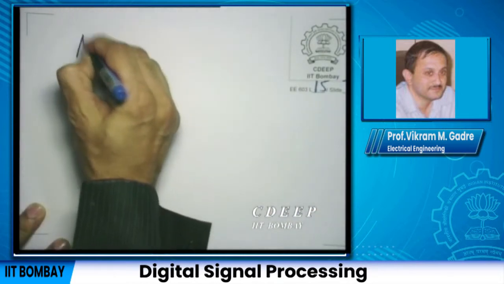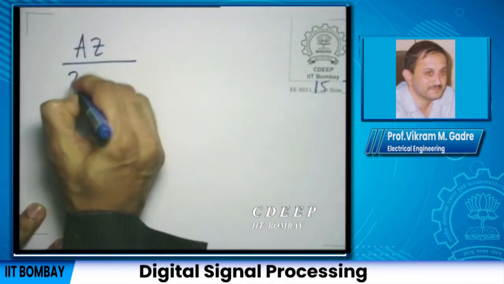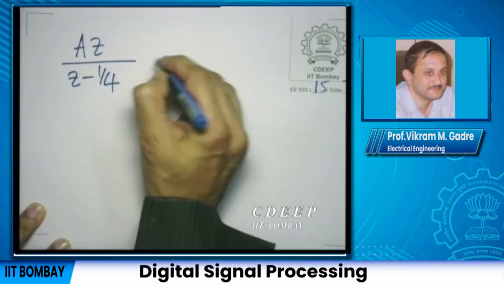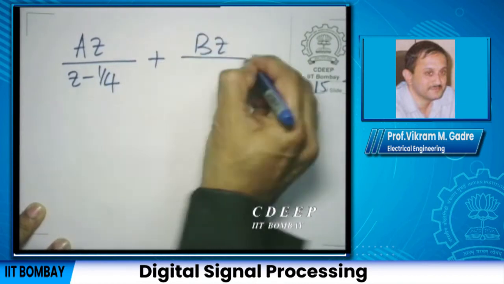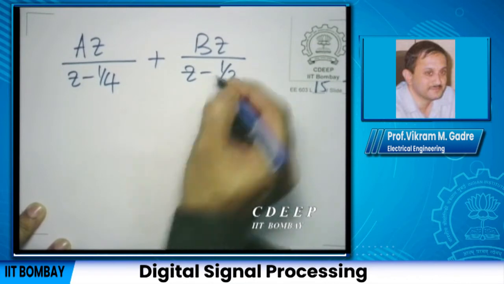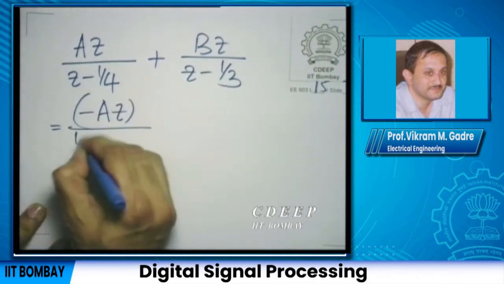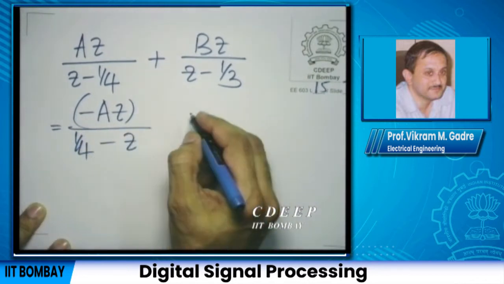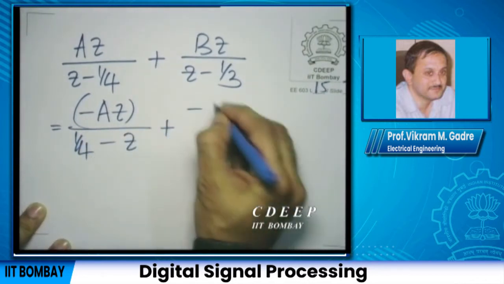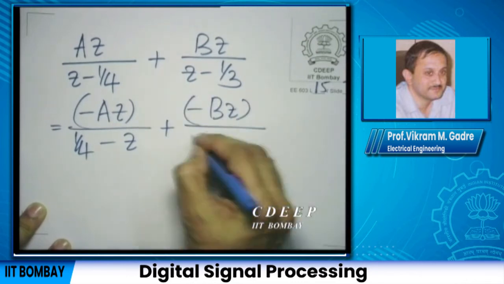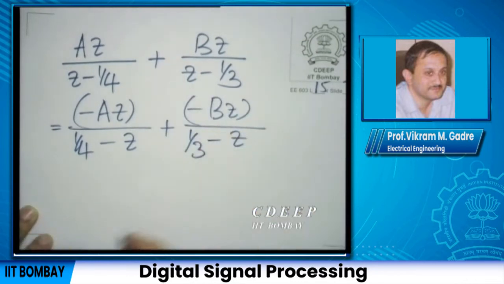So, you have A times z divided by z minus 1/4 plus B times z by z minus 1/3, which you can also rewrite as minus Az by 1/4 minus z plus minus Bz by 1/3 minus z.